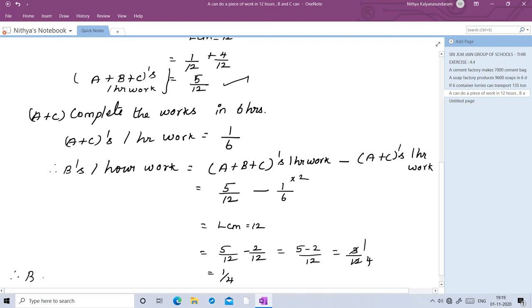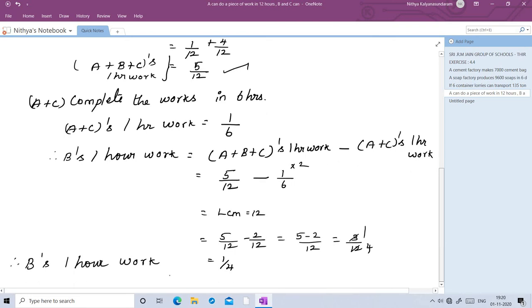So B's 1 hour work is equal to 1 by 4. Therefore, B alone takes 4 days to complete the work.